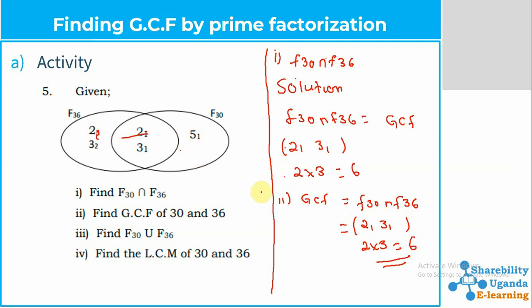Also, to get the GCF, be able to state our formula, which is equal to the greatest common factor of that given number intersection the greatest common factor of another set. Simply, that's how we can deal with prime factorization, especially on Venn diagrams, and also finding prime factors of given numbers. Hope that has done you very well.